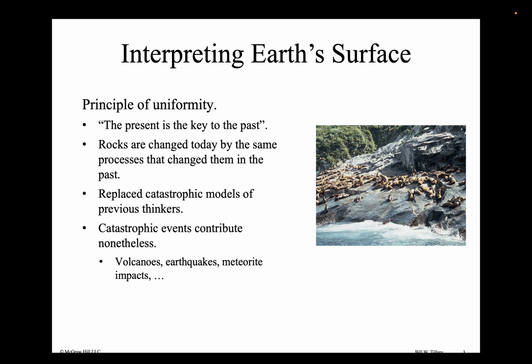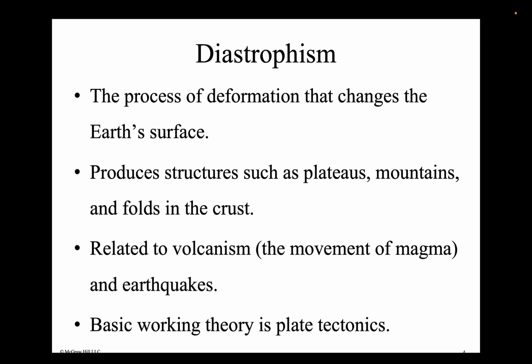The process of changing the Earth's crust is called diastrophism. It is generally a big umbrella under which we are going to study concepts. It is defined as those processes that deform the Earth's surface.